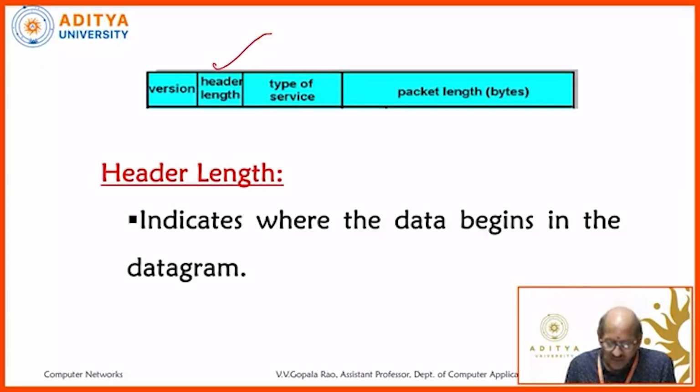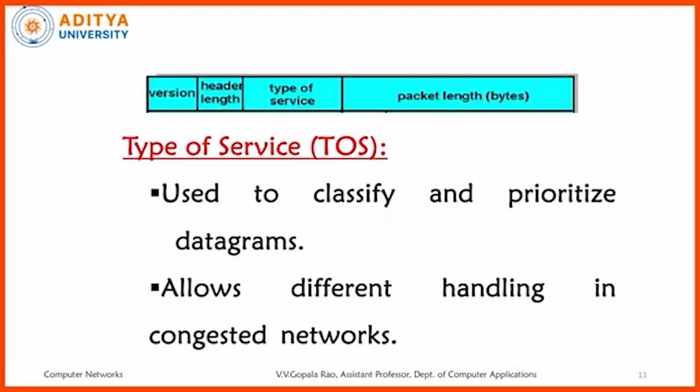This type of service is another important field, which is meant to represent other kinds of prioritizations. For example, it tells us about the throughput, and similarly the delay factor, the reliability factor, and the cost factor.